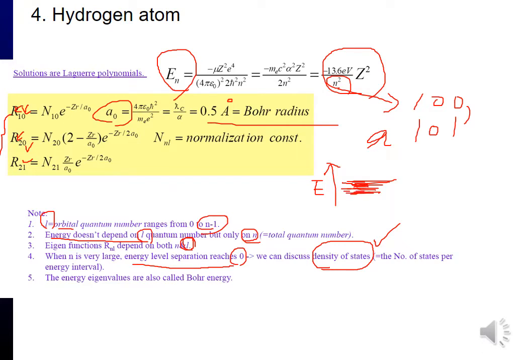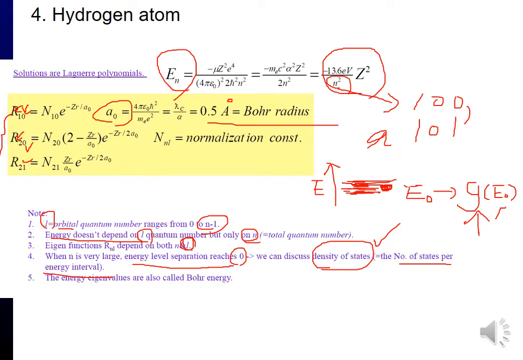So at a certain energy E0, for example, we can count how many energy states there are because they are very closely packed. How many states are there? We use G. So that is the number of states per energy interval. At a certain energy E0, how many energy states are there? It is named G. It is the density of states.